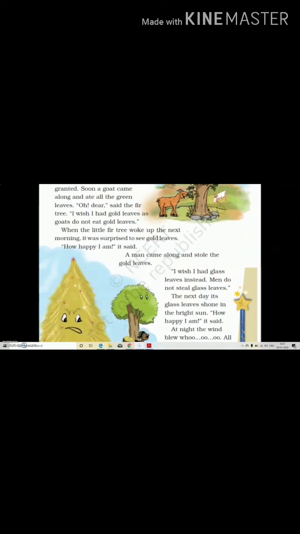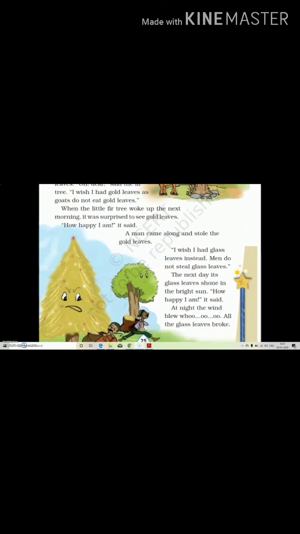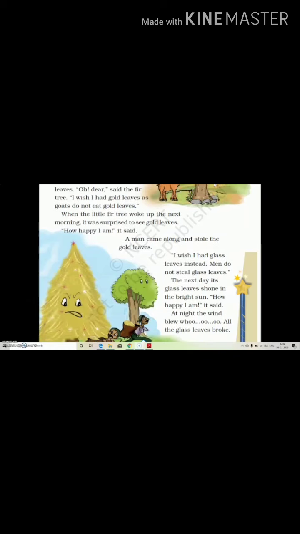The third time, it wished for glass leaves instead of gold leaves, because man would not steal glass leaves. The next morning, the tree was very happy to see its beautiful glass leaves, as they were shining brightly in the sun. The little tree was extremely delighted and could not express its happiness.